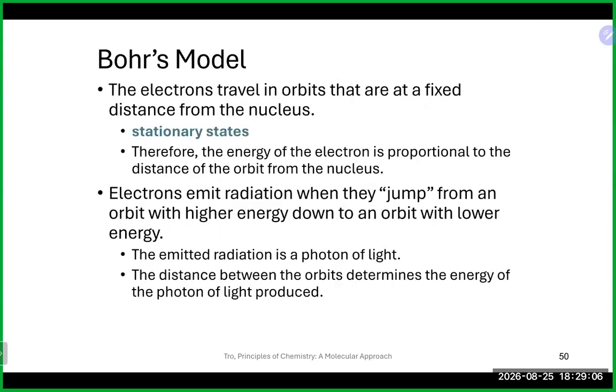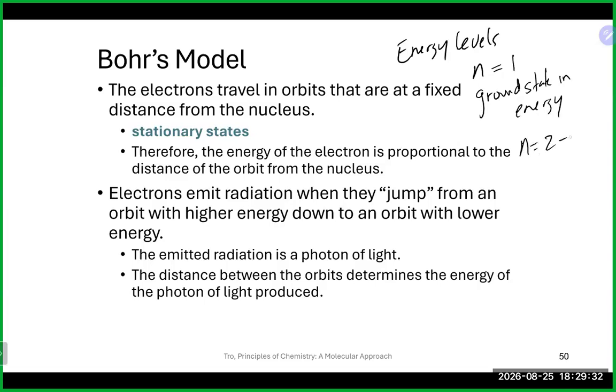So as we talked about, Bohr's model is that orbital type model where we have these different energy levels, which are sometimes referred to as n, and that's the principal quantum number. n equals 1 is the ground state in energy, and n from 2 to 7 are what are known as excited states.